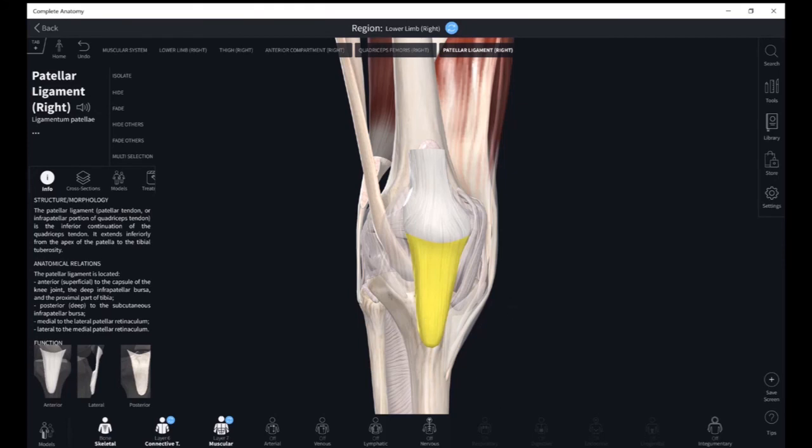The patellar ligament position is going to be supine with a bolster underneath the knee. Needle length is 1.5 to 3 centimeters with no backdrop.